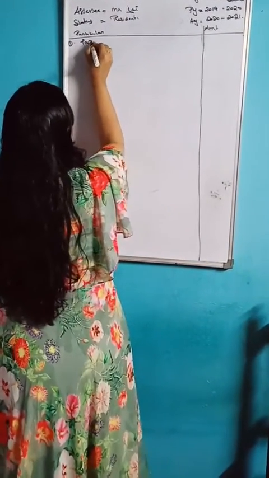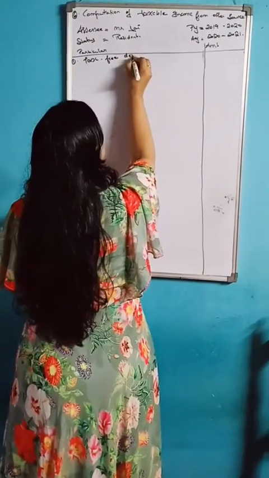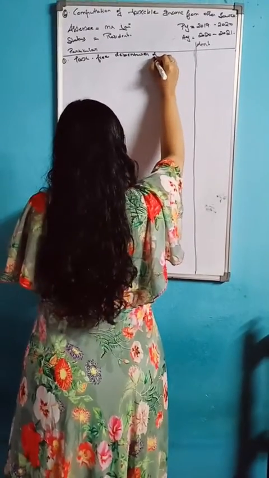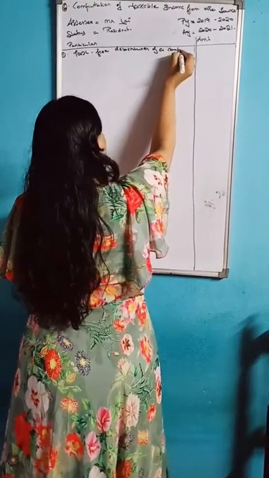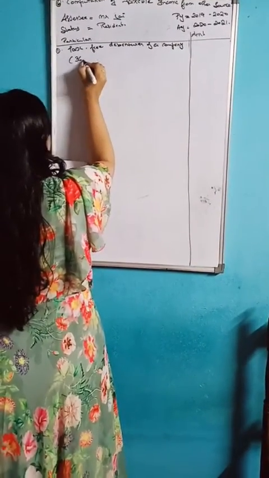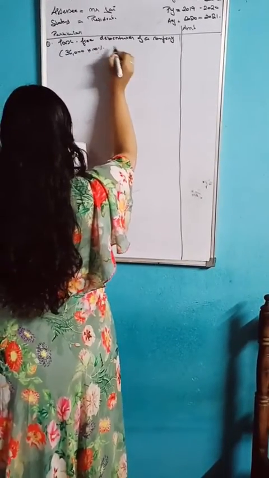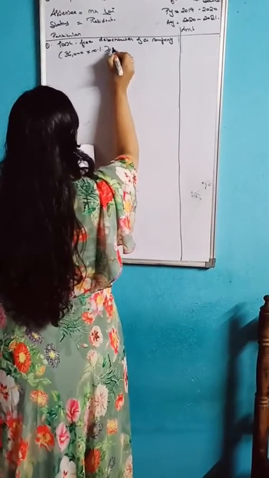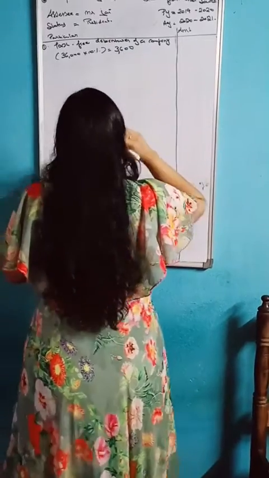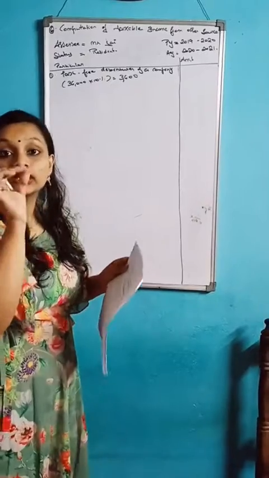Tax-free debenture of a company. So you should write 36,000 into 10%, you will get 3,600.